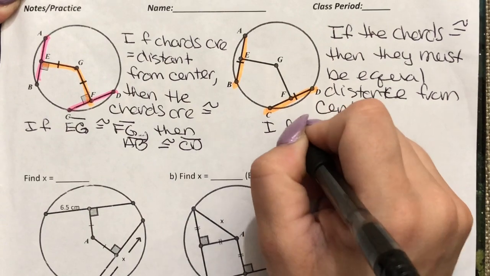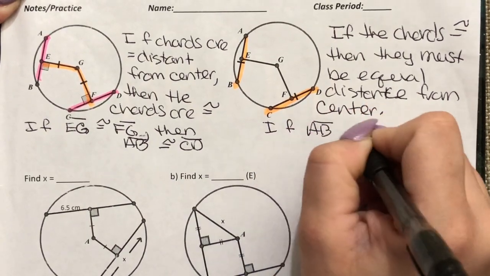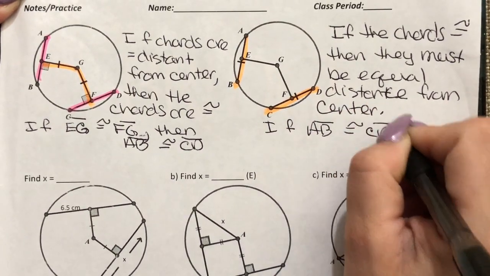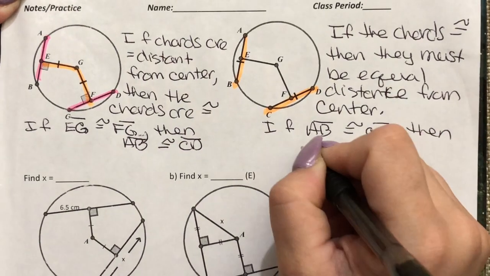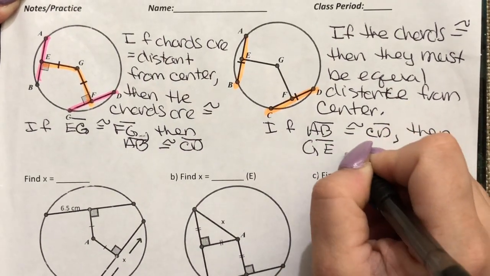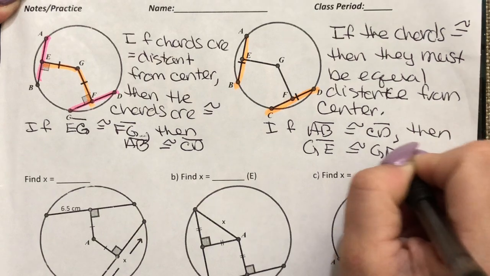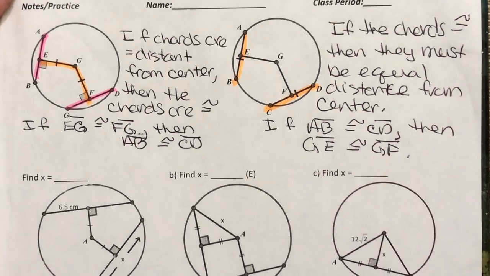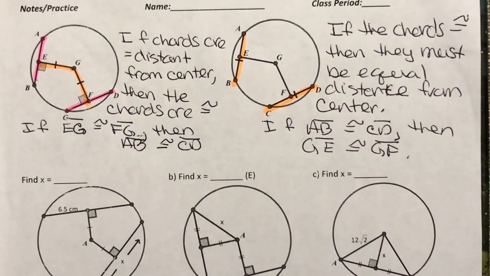So if AB is congruent to CD, then GE must be congruent to GF. So now we can use that information to solve the problems at the bottom.